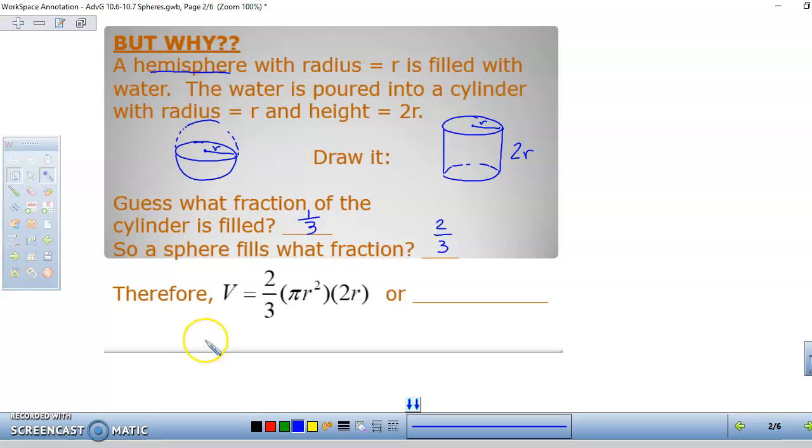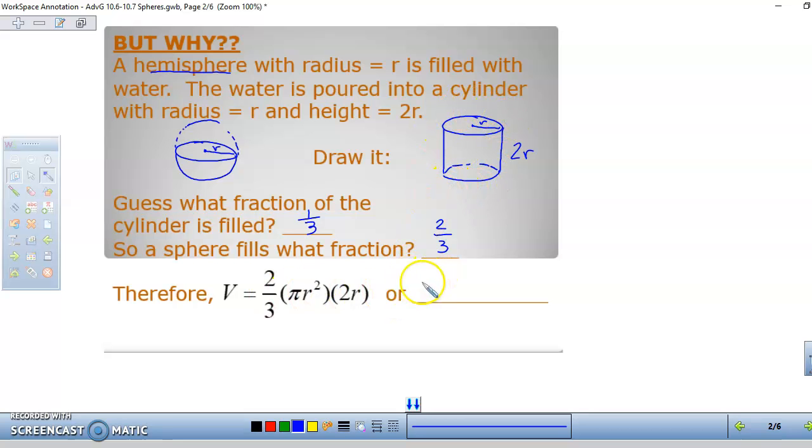So the volume of the sphere inside this cylinder would be 2/3 base area times the cylinder height, which is 2r. So 2/3 pi r squared times 2r. That is how you represent the volume of a sphere in this particular situation.